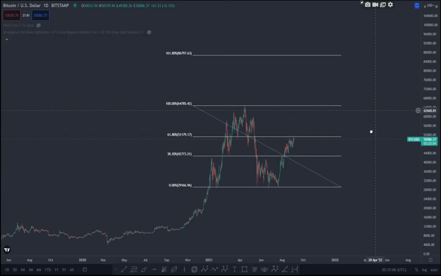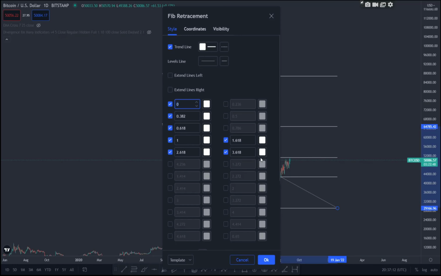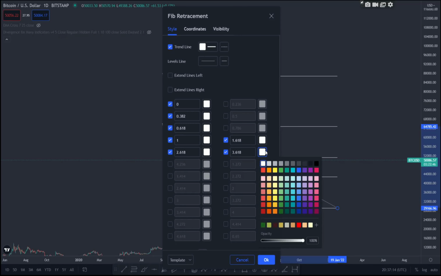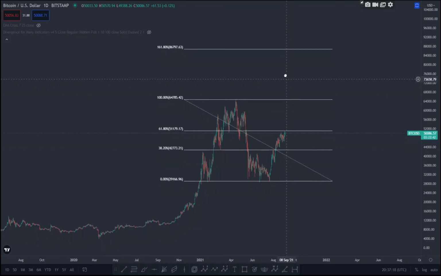Actually I use this Fibonacci retracement tool in accordance with the Elliott Waves.